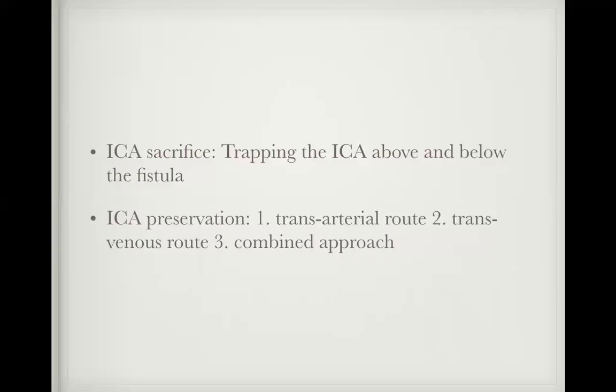However, you may need to use a number of, should I say, tricks of the trade to be able to achieve that, because being a high flow lesion, you might find it difficult to deploy your coils or deploy your, what's the other one that is being used? Coils and stents. Okay, so you may need to use different approaches together to be able to achieve what you want.